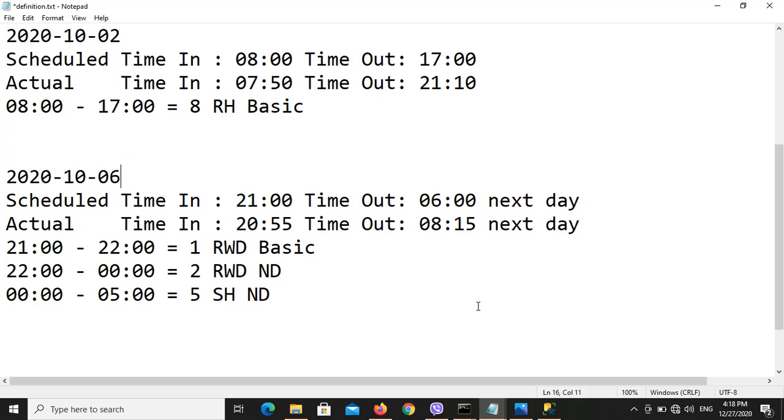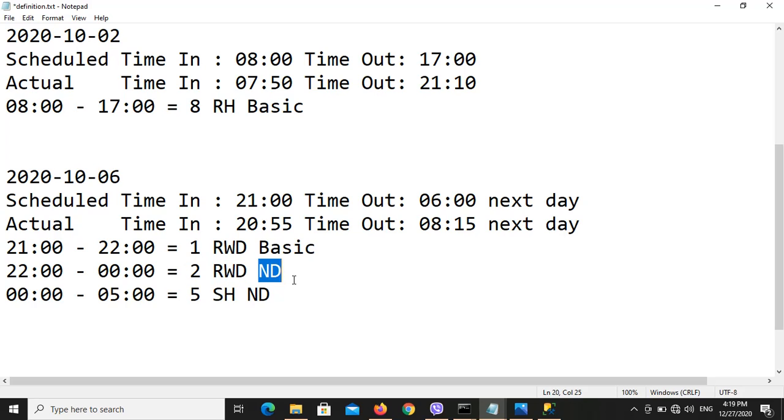for a special holiday. So in this case, from 9 p.m. to 10 p.m., that will be 1 hour of regular working day. It is still a regular working day because it is before the night shift. Now, from 22 to 12 midnight, that will be 2 hours of regular working day, ND.